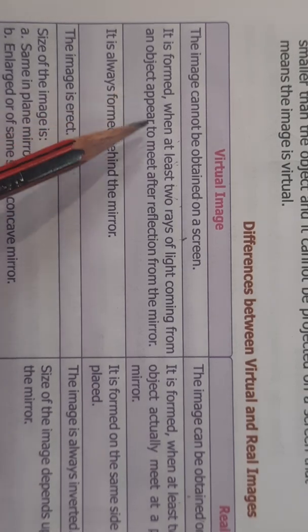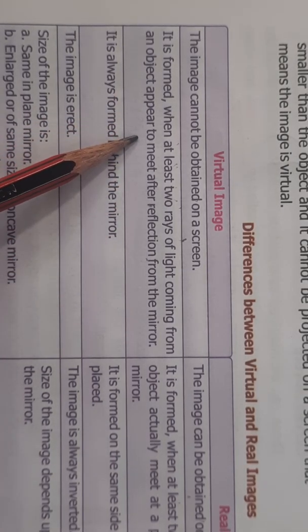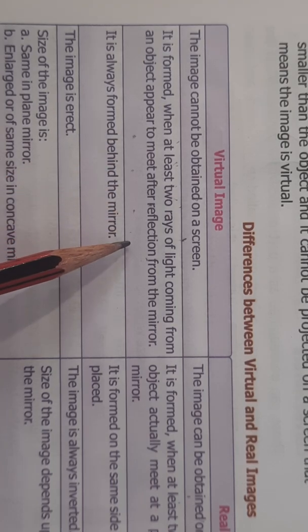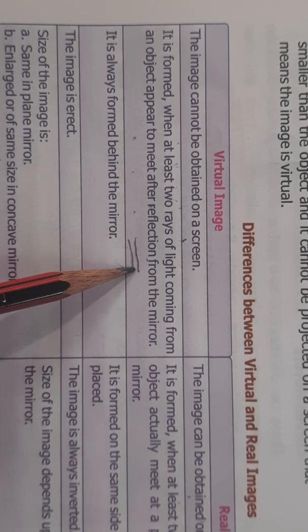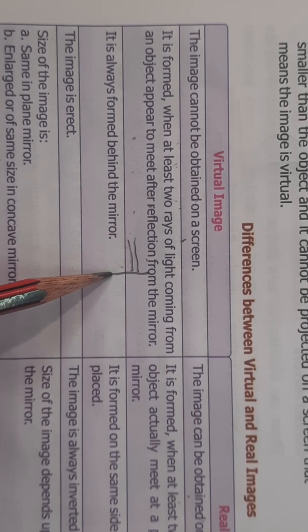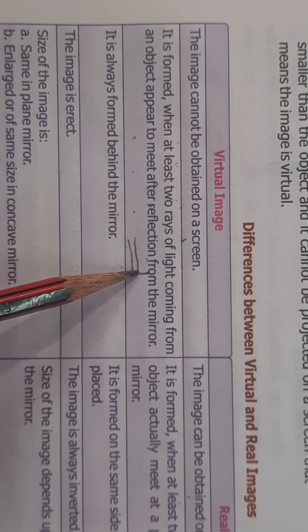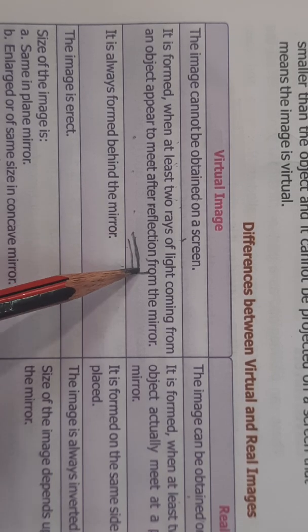Now virtual image is formed when at least two rays of light coming from an object appear to meet after reflection from the mirror. That is, two rays of light are coming from an object, and then what do they do? They appear to meet after reflecting. They come and hit the mirror, and then when they reflect it seems as if they are coming and meeting at one point.